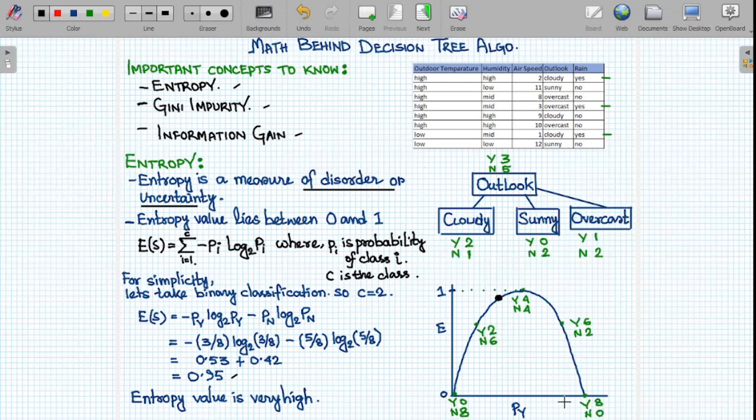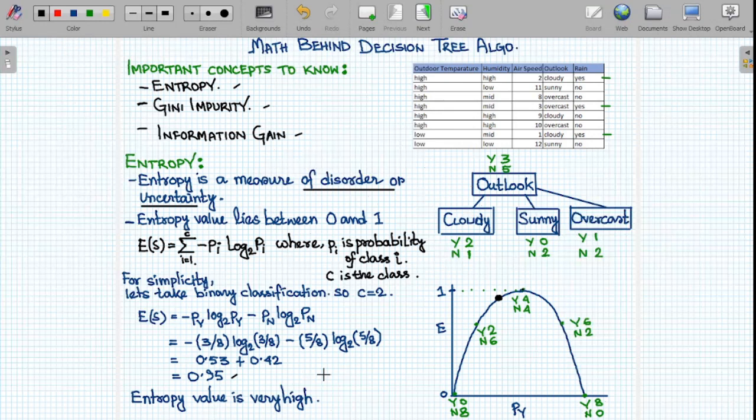Both these scenarios are nothing but a pure split, and hence the entropy will be 0 for both cases. However, if the number of yes is 4 and the number of no is also 4 among a total of 8 samples, then that will be the highest entropy or highest uncertainty. That is the reason the entropy value for this point will be 1. Based on our calculation, the entropy value is somewhere here, which is very high.